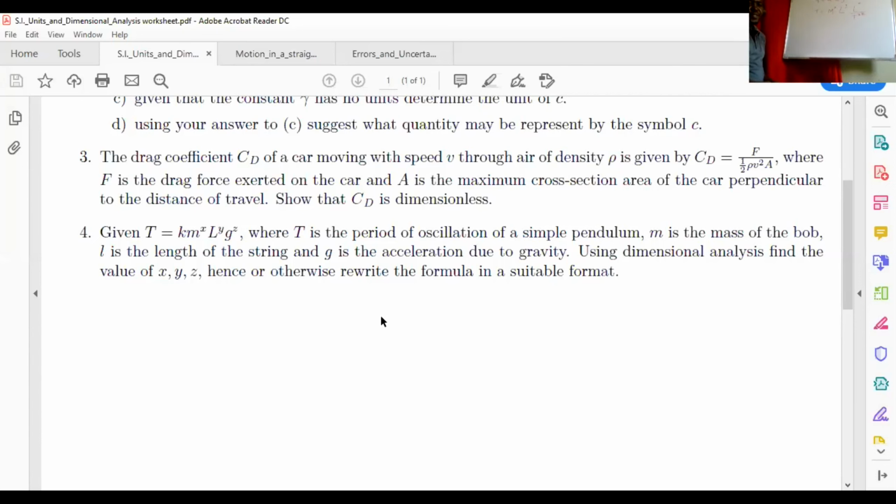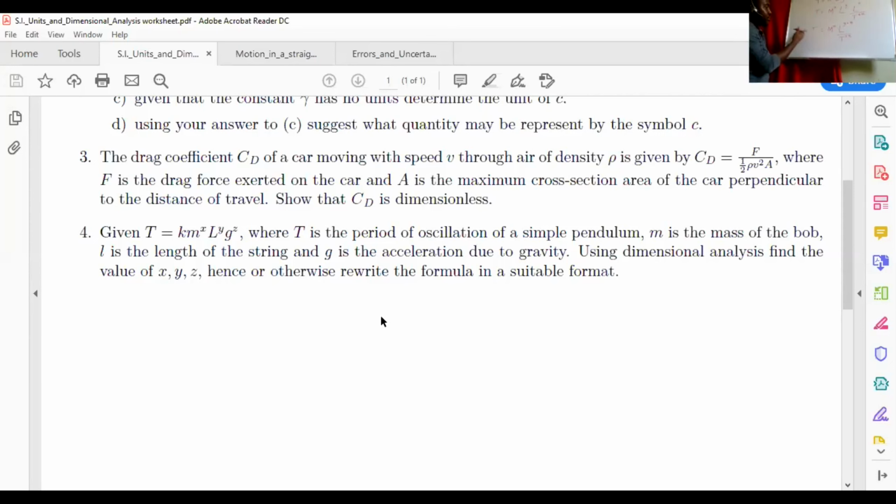That's what most persons got. So we can simplify these L's, so it's adding, L to the Y plus Z over T to the 2Z.